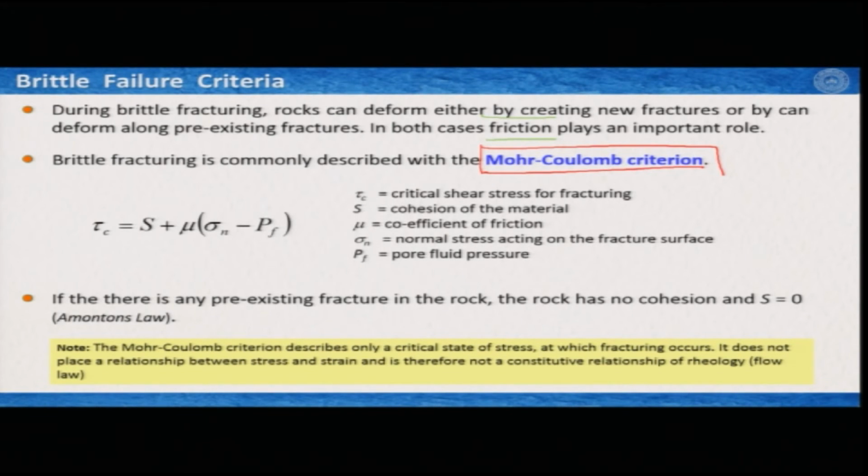I also would like to remind you here that this is not a flow law, because what we have learnt in one of the previous lectures is that a flow law takes care of three major parameters. One is the dynamic parameter, the second is a kinematic parameter, and they are balanced by a constant, a rheological constant.